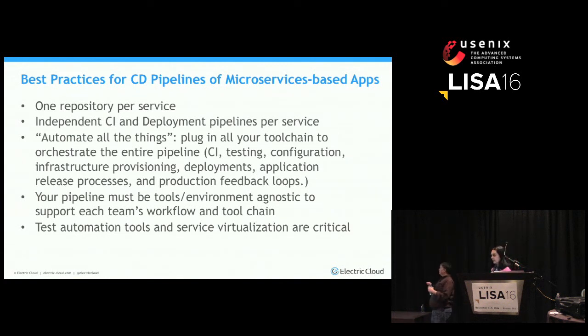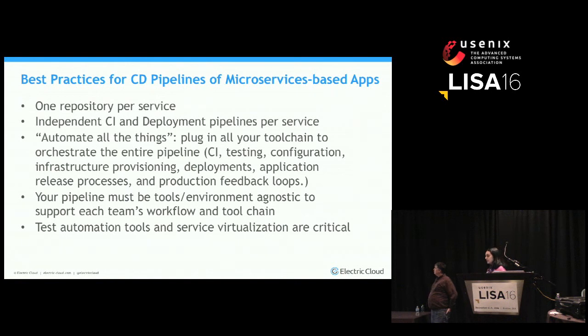Automate everything underneath, from provisioning your environments to the CI, to running your tests, to your deployments, and everything in between. So everything should be automated, and then you have this one tool above it that is orchestrating the entire process along the way. You want it to be tools and environment agnostic.